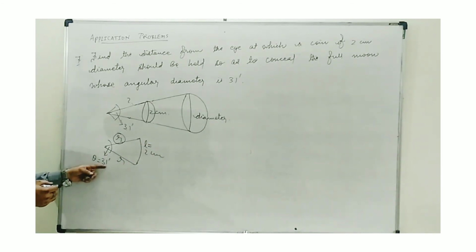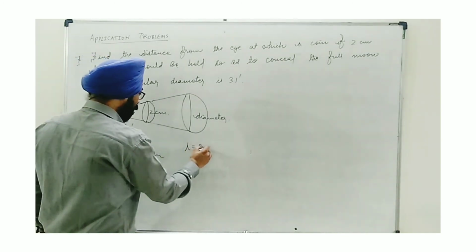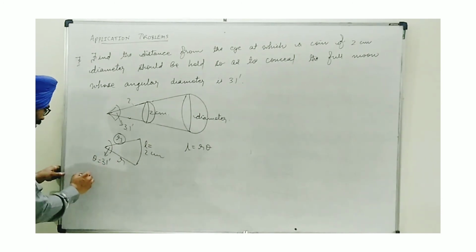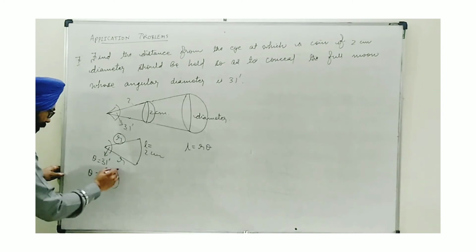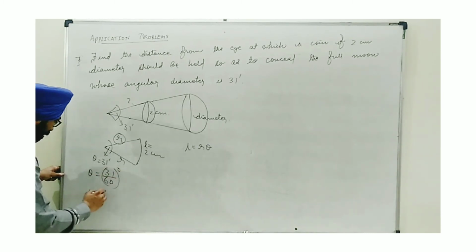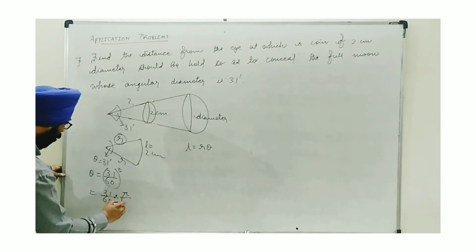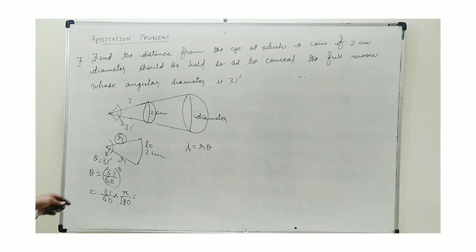Theta is 31 minutes, and as I said in the formula, L equal to R theta. If I use this, theta must be in radian. So we will convert this to radian as 31 minutes is given. So divide first by 60, making this in degree, and further multiply by pi by 180 to convert to radian.